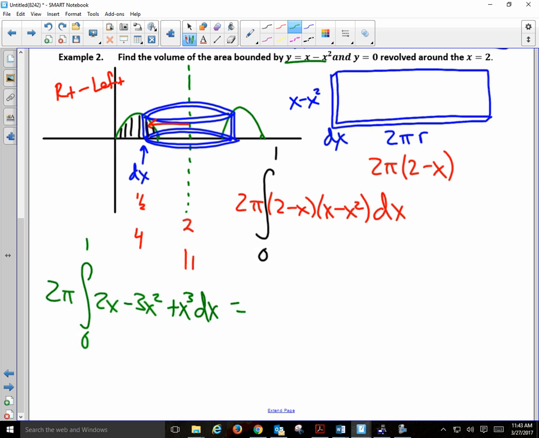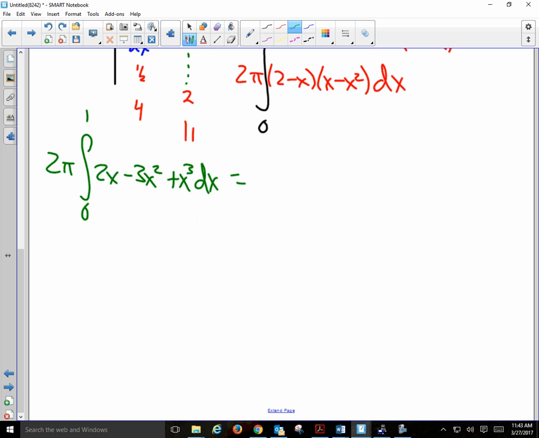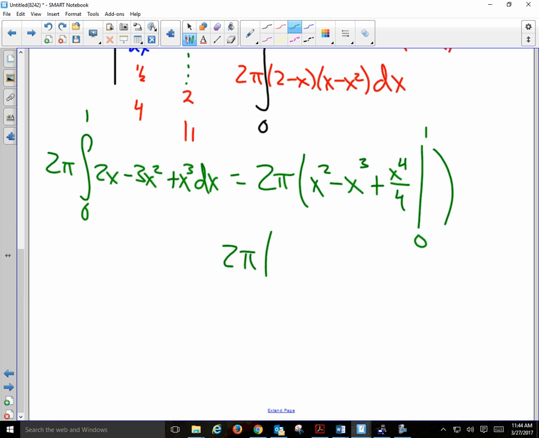So I just multiplied that out. What is the antiderivative of 2x? What's the antiderivative of 3x squared? X cubed. What's the antiderivative? And then we got x to the fourth over 4. And we're going to evaluate it, 0 to 1. 2 pi times 1 minus 1 is 0. So I got 1/4. 2 pi times 1/4 is pi over 2, or 90 degrees, right?